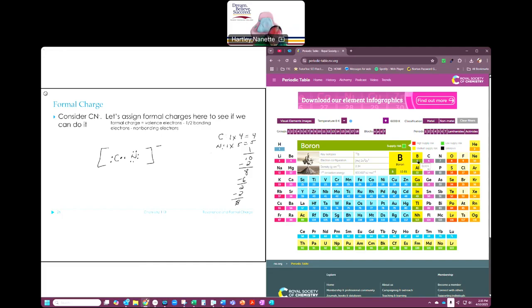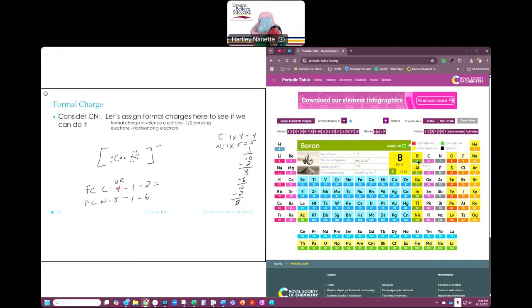Okay, if we look at our formal charge, the number of valence electrons for our carbon is 4, and for our nitrogen is 5. We subtract the number of electrons in each bond. Each one of them gets 1. And then the number of non-bonding electrons on the carbon is 2, and on the nitrogen is 6.